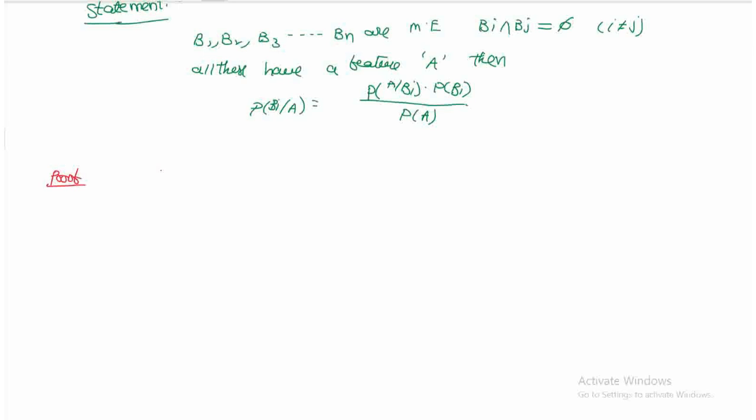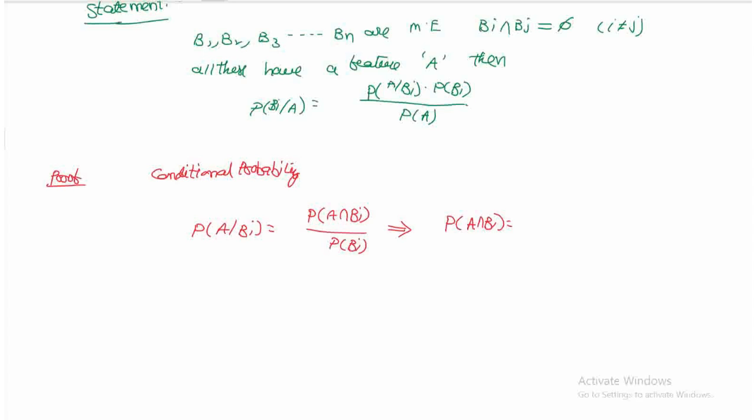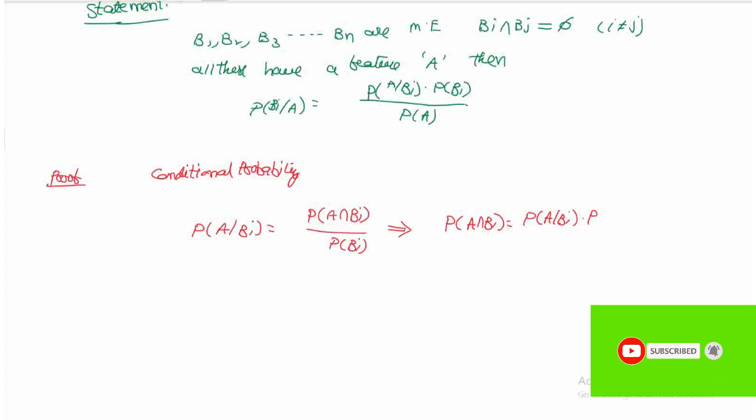Now we are going to take a conditional probability: probability of A given Bi equal to probability of A intersection Bi by probability of Bi. This we can further write as probability of A intersection Bi equal to probability of A given Bi into probability of Bi.